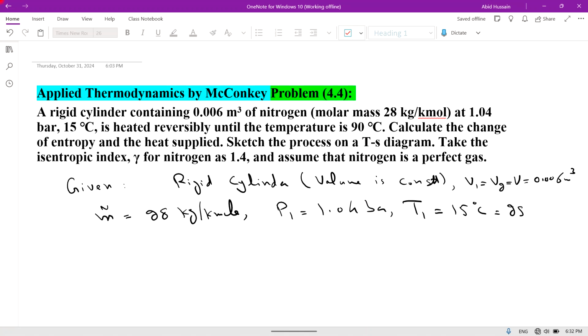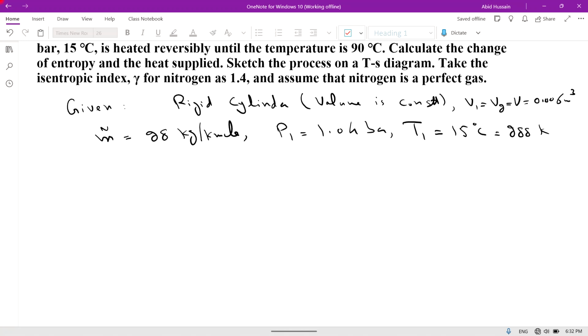It is heated reversibly, the process is reversible, until the temperature T2 is 90 degrees centigrade, which is equal to 90 plus 273 Kelvin, which is equal to 363 Kelvin.